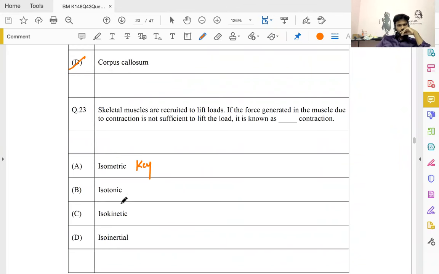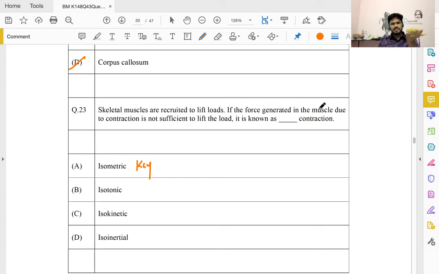Notice, if they did not give the statement, force generated in the muscle due to contraction is not sufficient. Actually, even if they give that statement, the quickest thing is, you are trying to lift something, you don't apply enough force on it, you are not going to lift it.